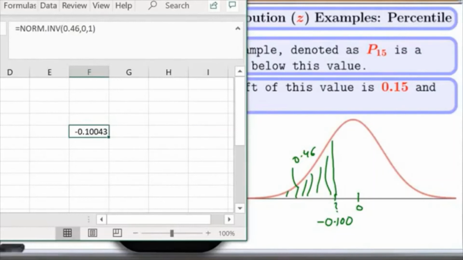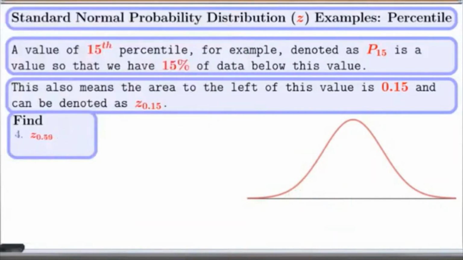Finally, let me show you how to work on this problem. This will be the very last problem here. So let's draw a diagram for the given scenario. And we know 0 is in the middle. So let me put that down here. And we are looking at the values so that the area to the left is 0.59.